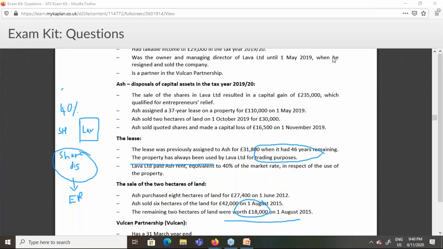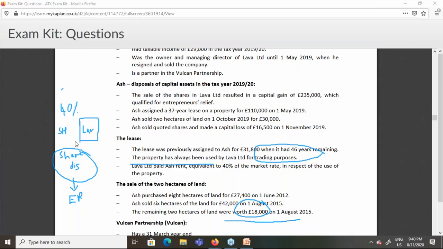Now, coming back to the topic that I was explaining. An associated disposal is something connected to another disposal. That is why we call it an associated disposal.